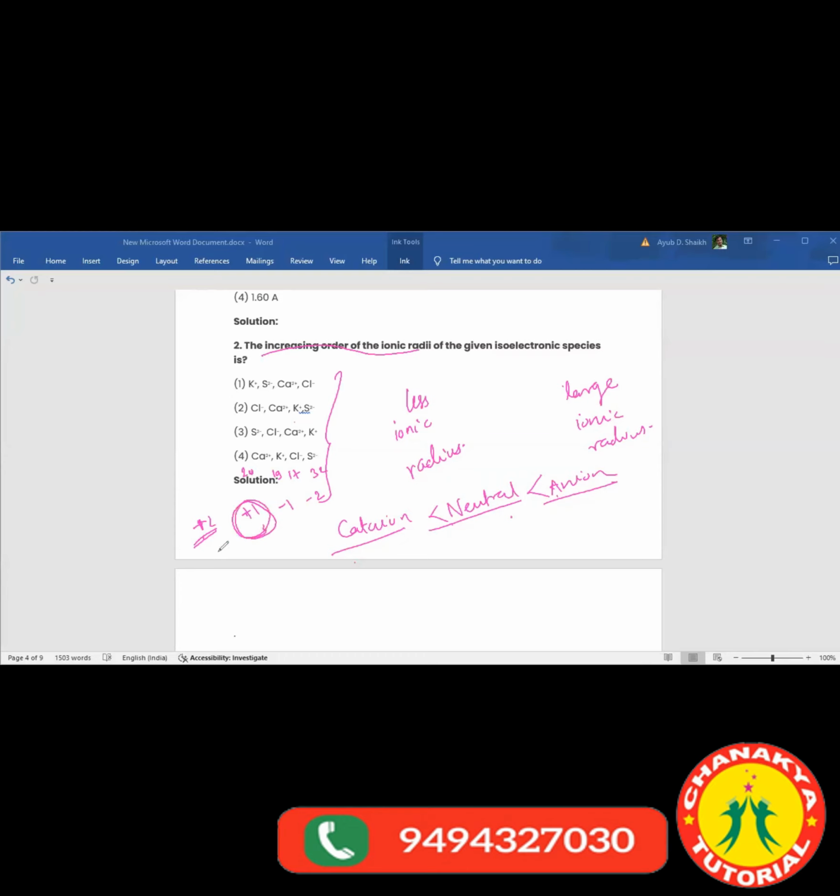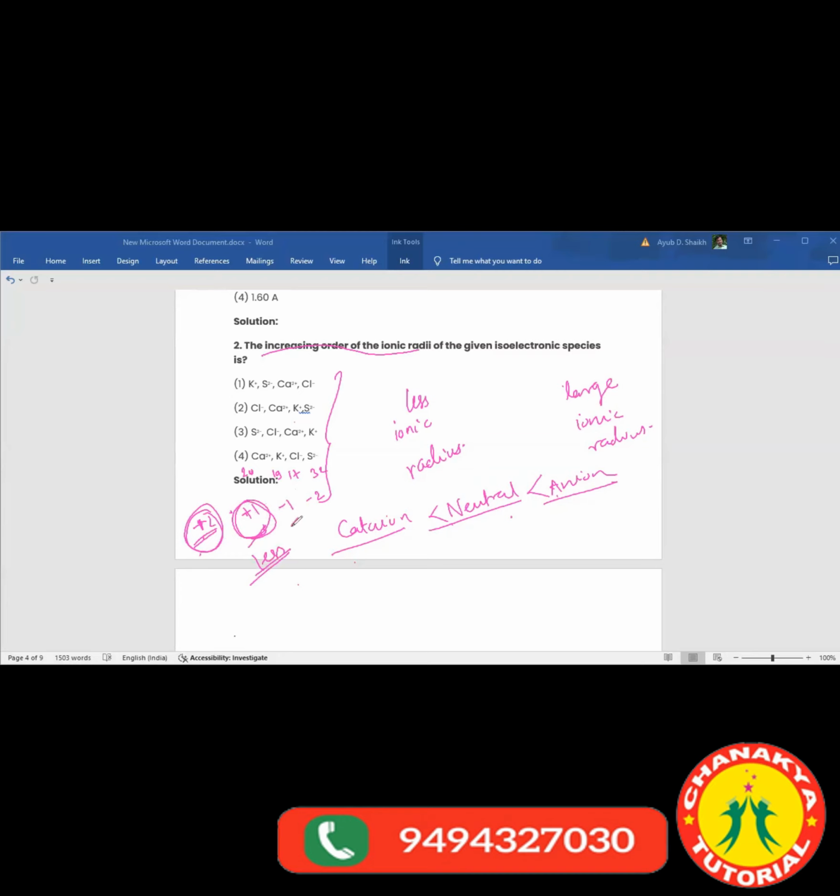The electrons get attracted towards the nucleus, but less as compared to the previous one. Hence the ionic radius would be bigger as compared to calcium 2 plus.